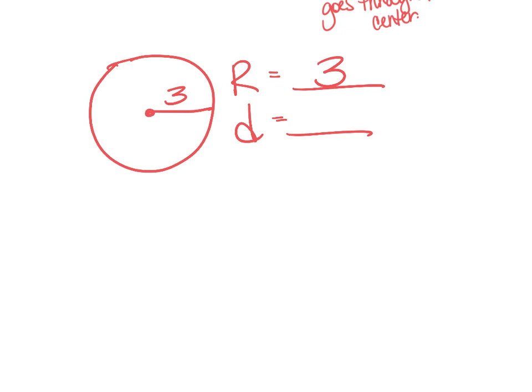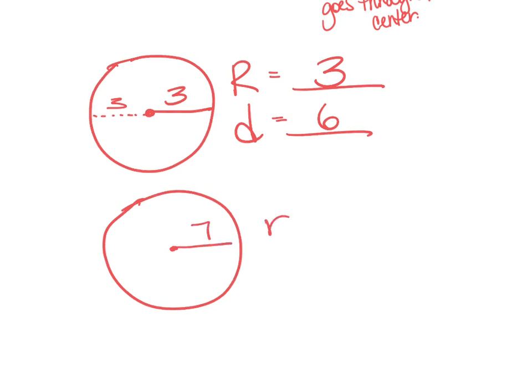And so you know if the radius is 3, and there's another radius over there that's 3, the diameter would be 6. In this picture, they gave you the halfway point. They gave you the radius is 7. The diameter would be 2 of those, so times 2, the diameter would be 14.